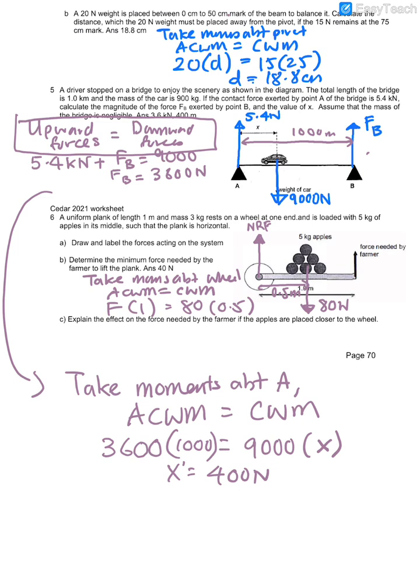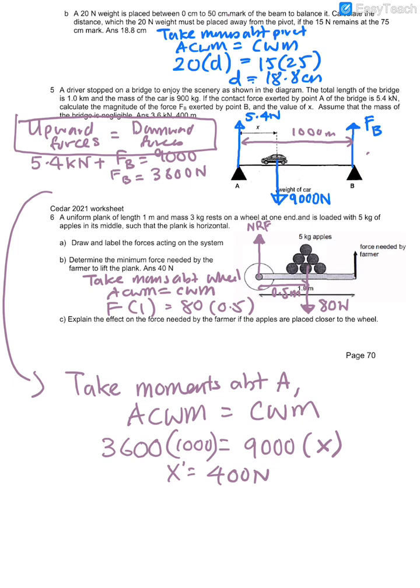Okay, now part D, think on some common sense. What happens if the apples are placed closer to the wheel? The force needed, will it be more or will it be less? So all the apples he shifted closer to the wheel.